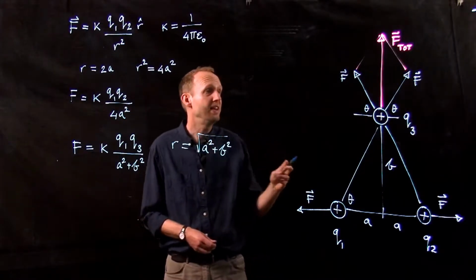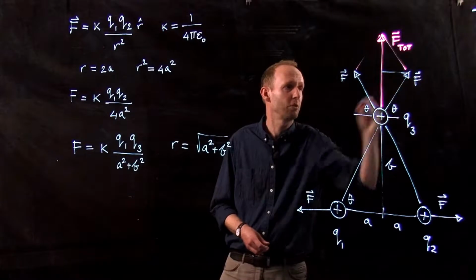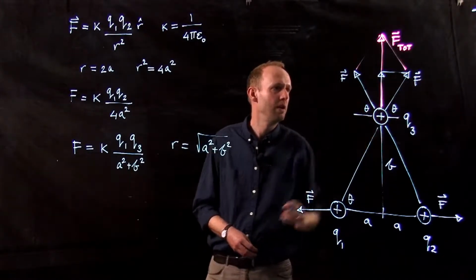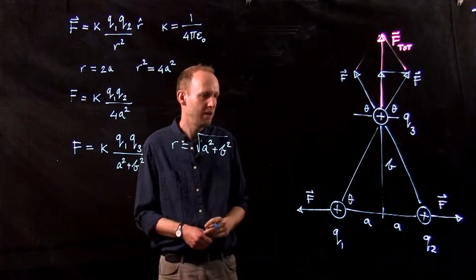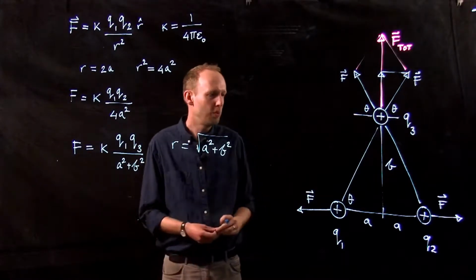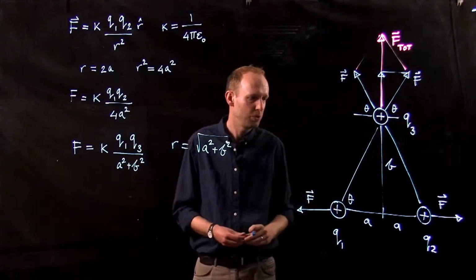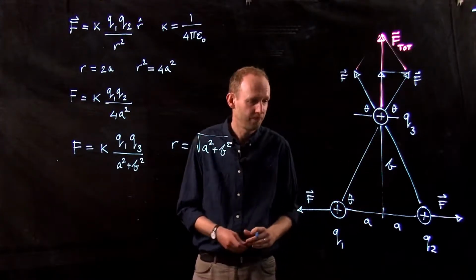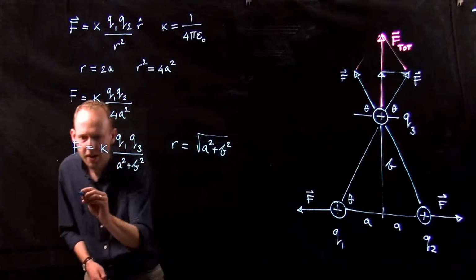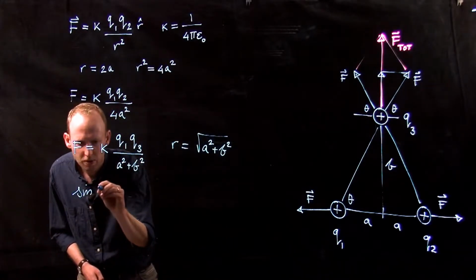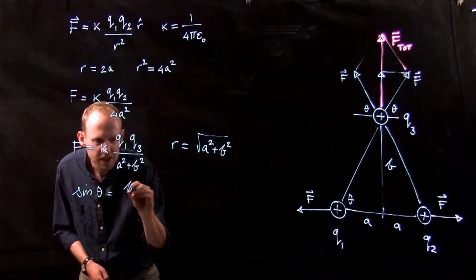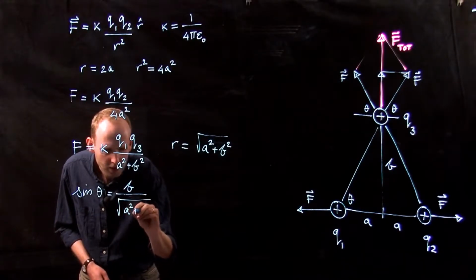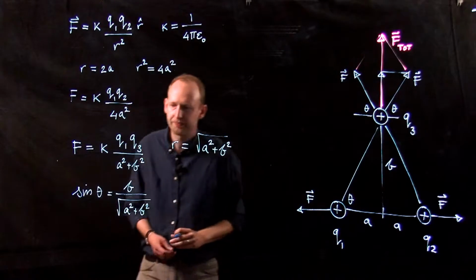However, we are interested in the vertical component of this force. So in order to get the vertical component, I need to multiply this magnitude with the sine of theta, which is nothing but the opposite leg divided by the hypotenuse. So sine theta in this case will be B divided by the square root of A squared plus B squared.